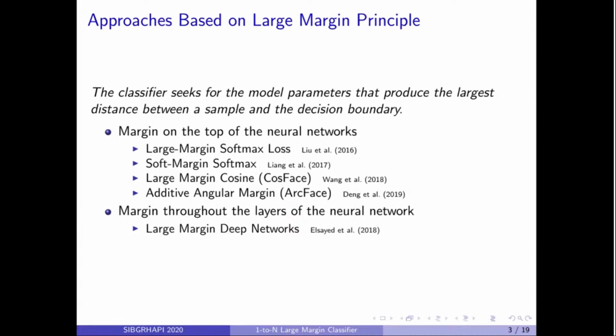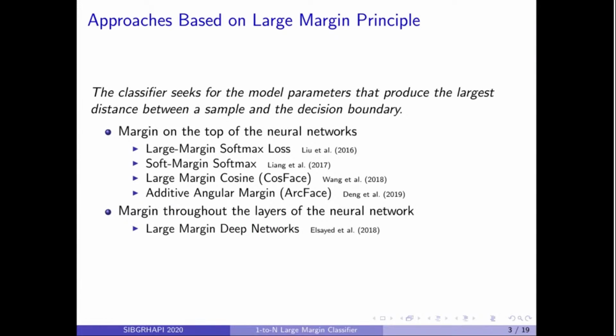In recent works, several alternatives have been proposed based on the large margin principle. That is, the classifier seeks model parameters that produce the larger distance between a sample and the decision boundary. In general, these approaches can be classified in two categories.